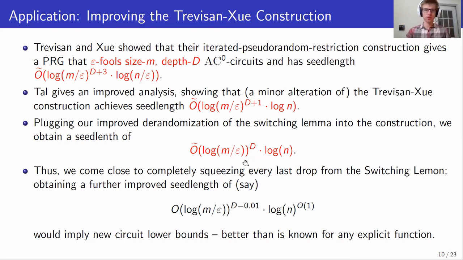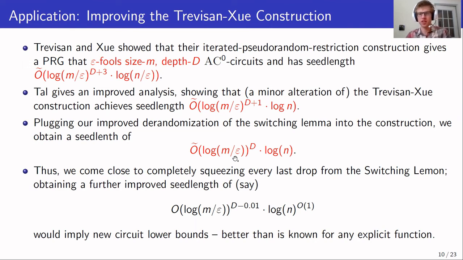Now, that's in terms of factors of log(m/epsilon). I want to be careful not to oversell this too much. There are some other directions in which you could still improve the seed length. For example, certainly we'd like to get rid of this log n factor. There's no reason why we shouldn't be able to do that. In another direction, there's a paper by Servedio and Tan where they get a better dependence on the error epsilon than we get here.